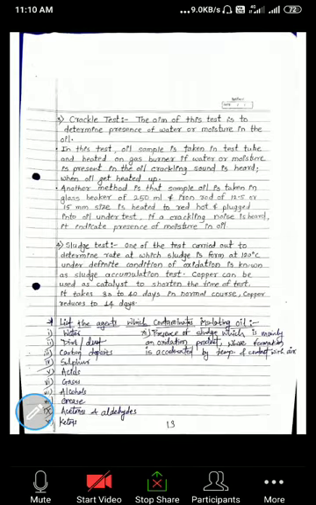Now the third one is the crackle test. The aim of this test is to determine the presence of water or moisture in the oil. Means we have to test whether water content or moisture is present in the oil or not. In this test, an oil sample is taken in a test tube and heated on a gas burner. If water or moisture is present in the oil, a crackling sound is heard.